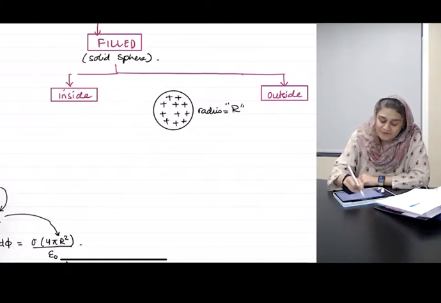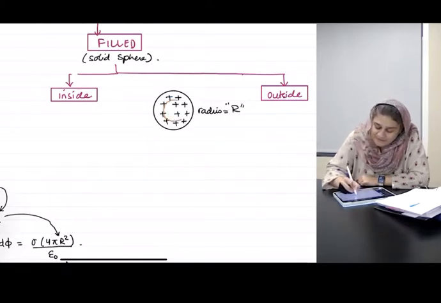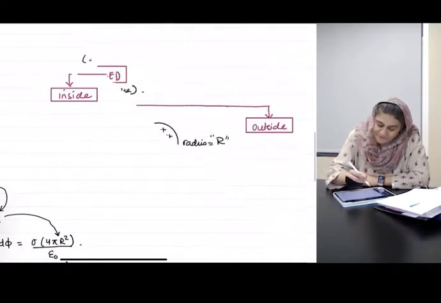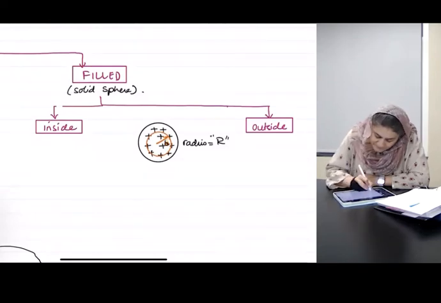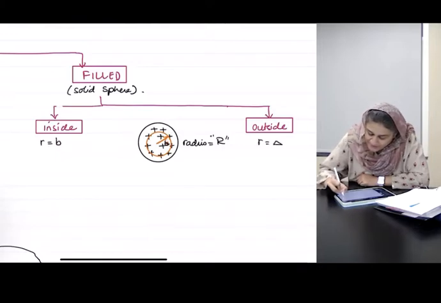Draw a Gaussian surface inside of, say, radius. Let's do B on the inside. So R will be B inside and R will be A outside.